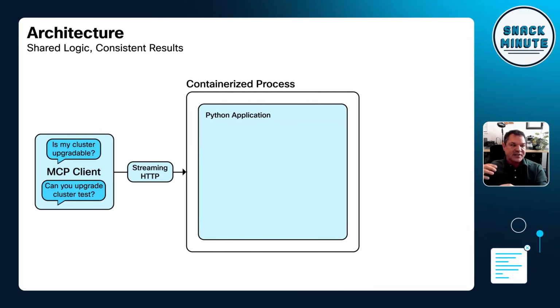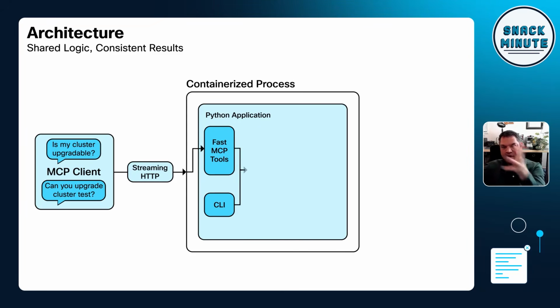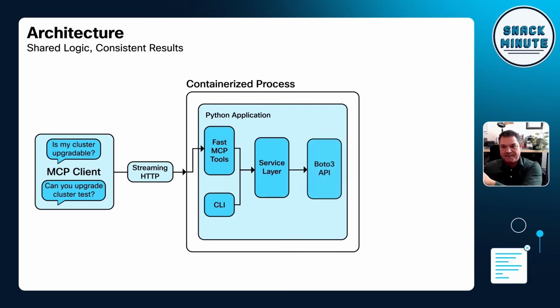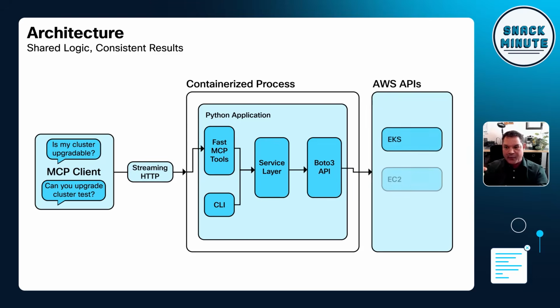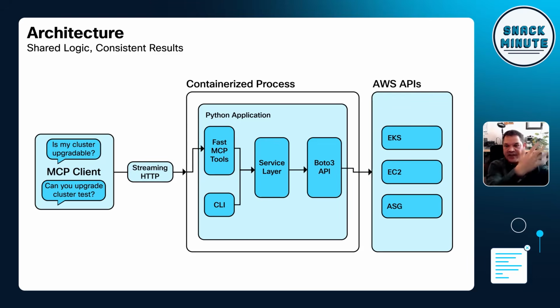That containerized process has the FastMCP layer. It has a CLI, and then those calls all go into the Python service layer, and then out to the AWS API through Boto3, also a Python process. AWS is going to come back with the result through the service layer, and then back as MCP responses to the agent. Okay, that makes sense to me.